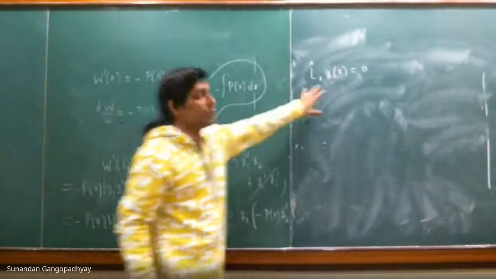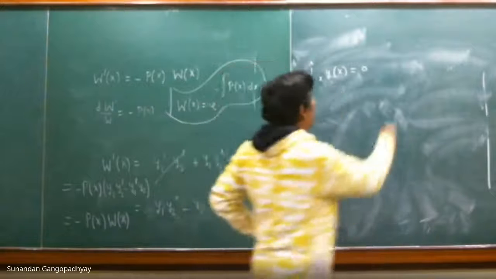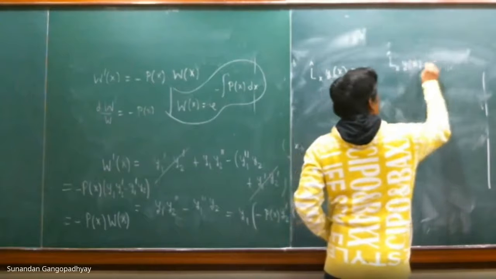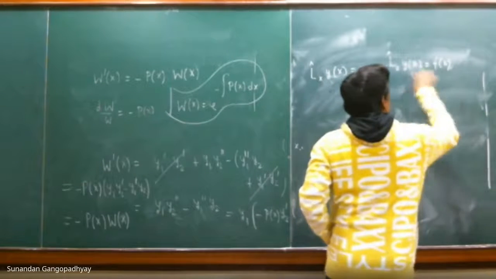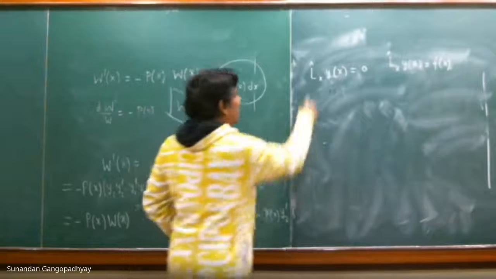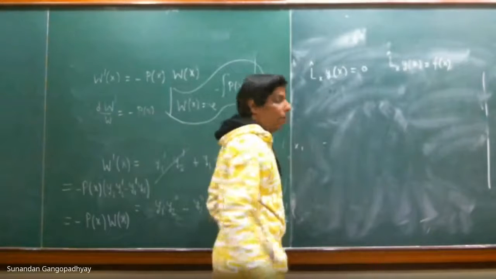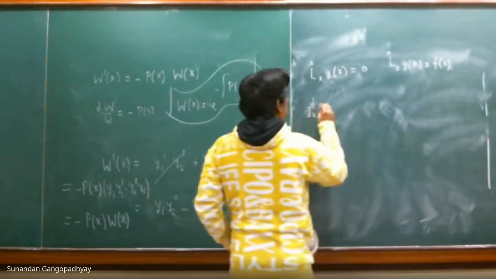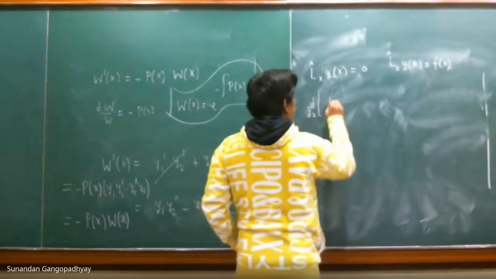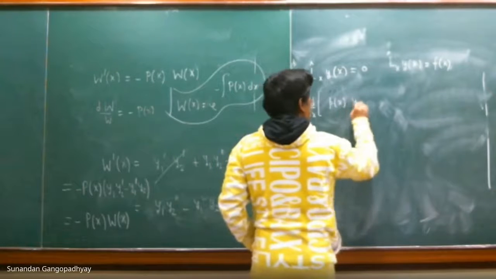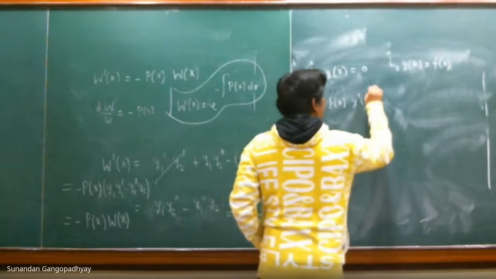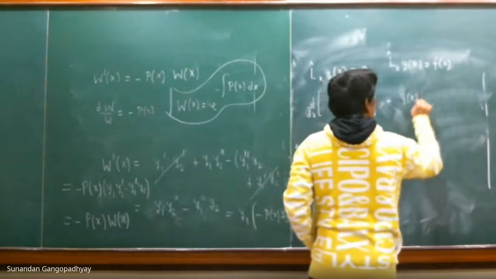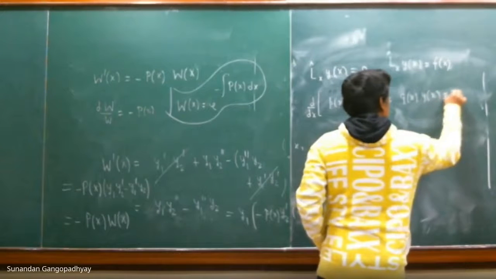This is the homogeneous differential equation, and our aim is to find the solution of the non-homogeneous differential equation. L hat x is in the Sturm-Liouville form. So we have d dx of p of x y prime of x plus q of x y of x equal to 0.